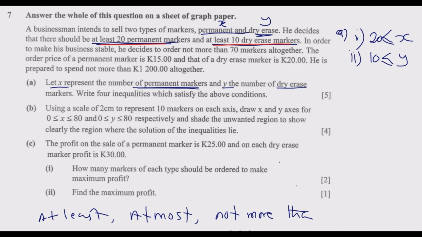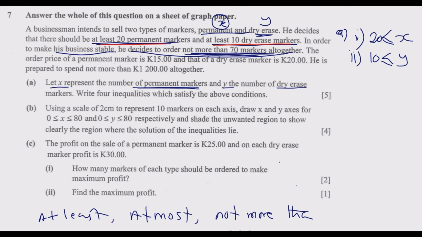In order to make his business stable, he decides to order not more than 70 markers altogether. This is the part where we are going to get the third inequality. If we add the number of permanent markers and the number of dry erase markers, when you add these two, they should not go beyond 70.